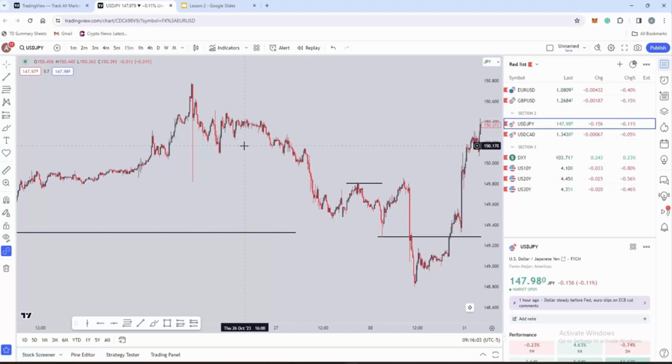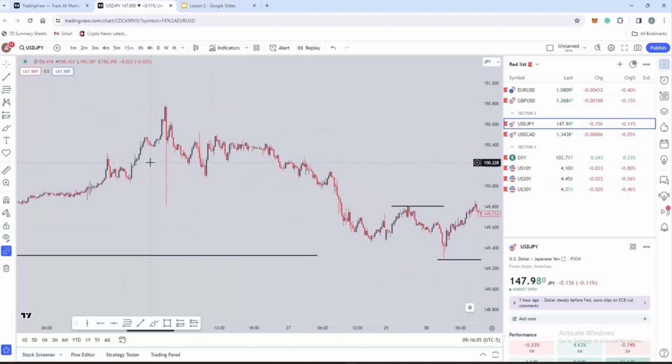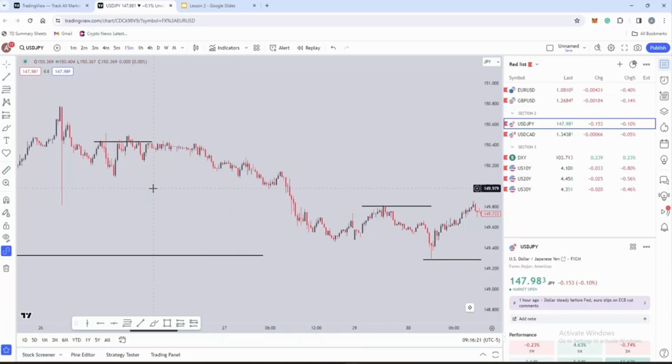Okay, look right here, equal lows. What's that? Sell side liquidity is under it, so there's liquidity down here. Price is gonna take this sell side and it's gonna go up to where? To the recent buy side.